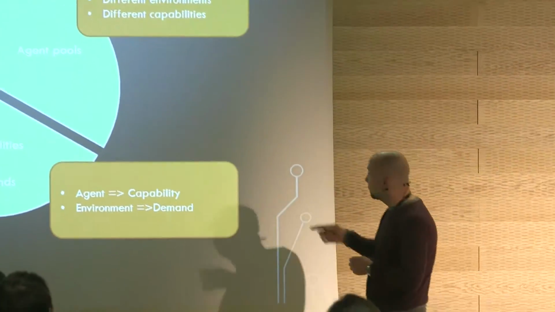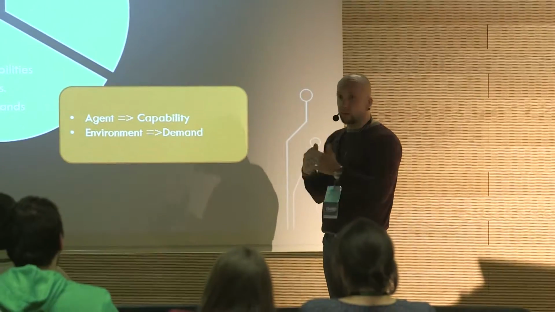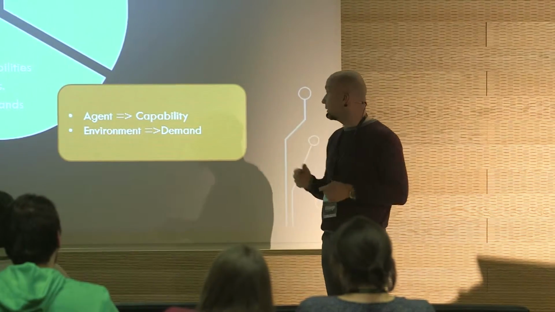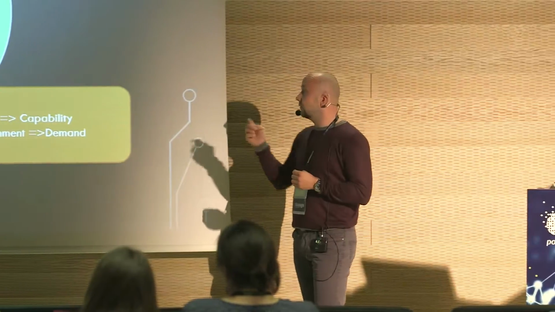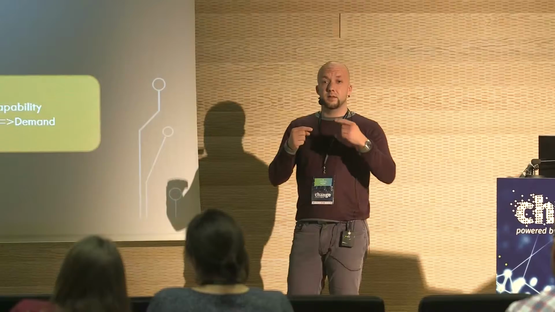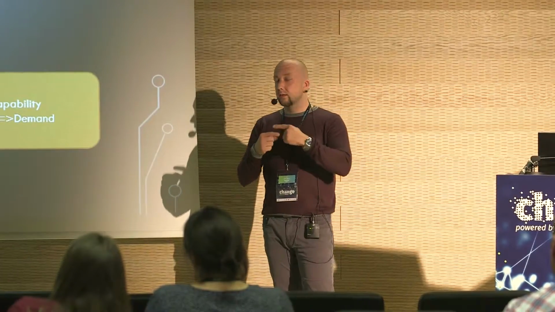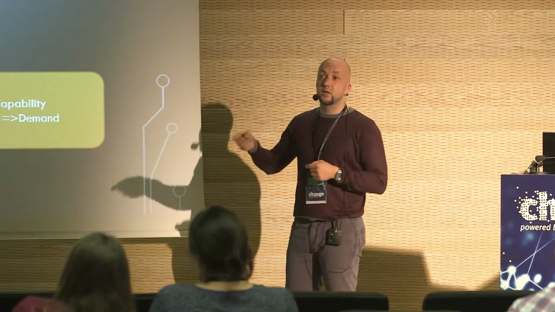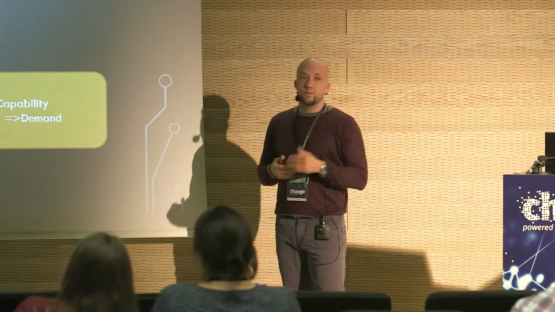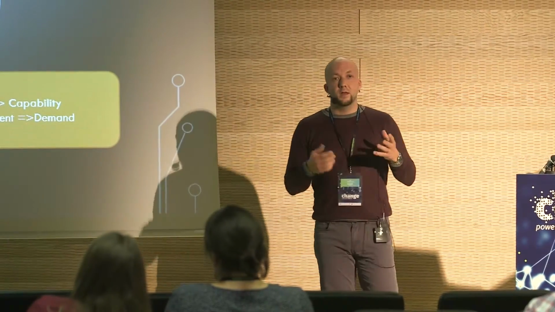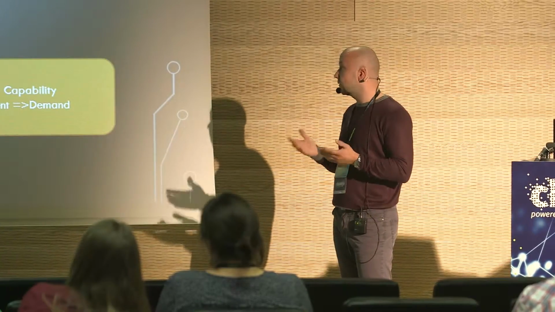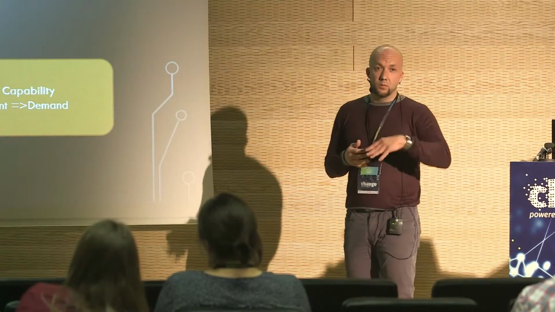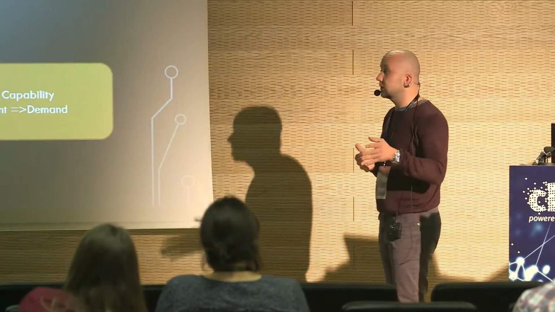That comes into play when it merges with the environments. So we have to match the agent capability to the environment demand, and if the match is made, then this agent will take over the job. If the agent doesn't fulfill some demand that the environment has or requires, the agent will never trigger itself.